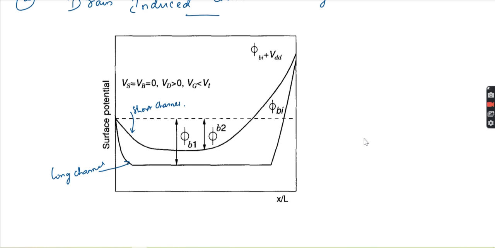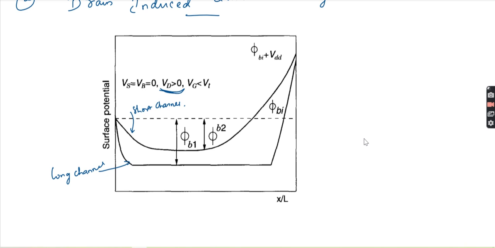The surface potential for long channel and short channel devices at larger drain voltage, that is VD greater than 0.